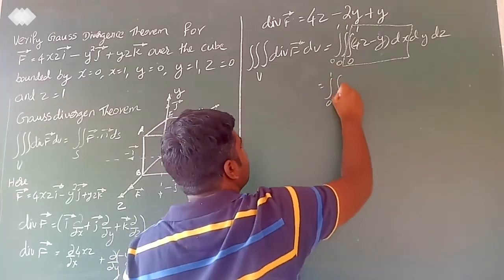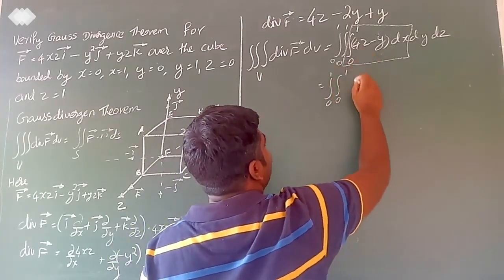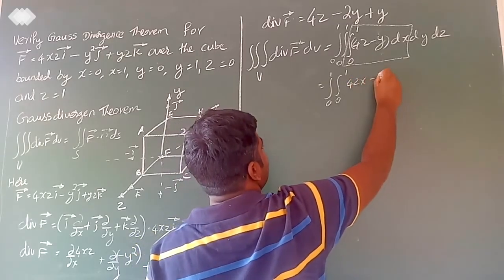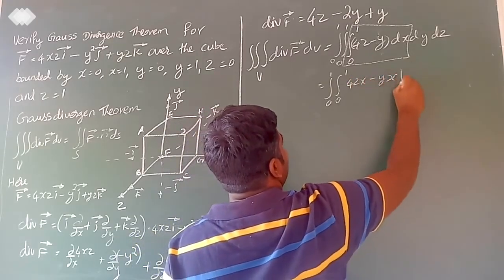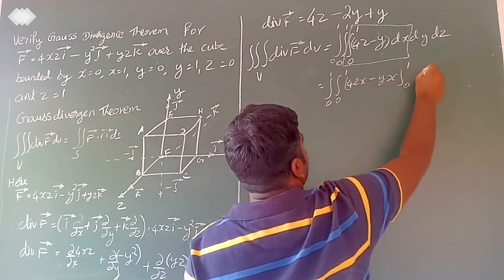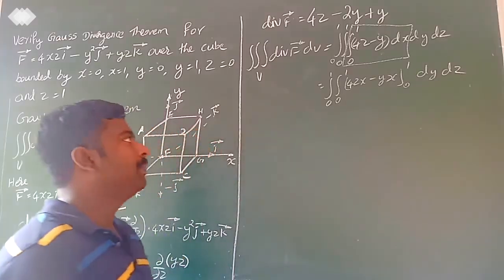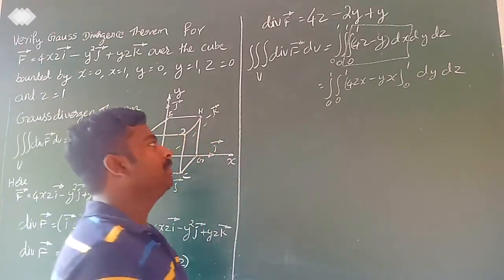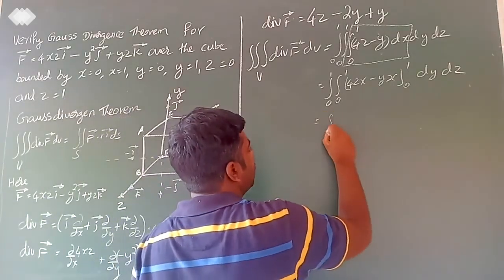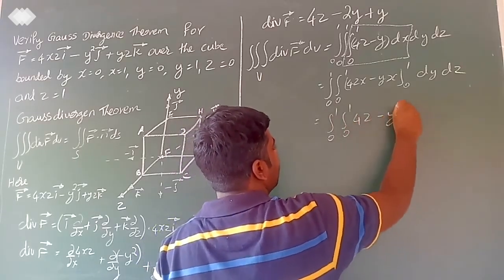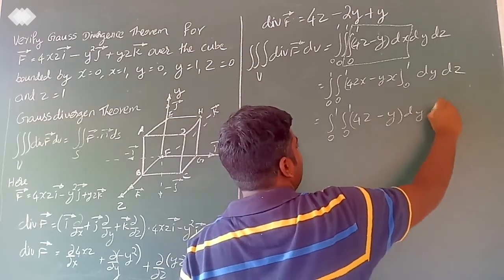Therefore 0 to 1, 0 to 1 integral with respect to x gives 4z minus y times x, limits 0 to 1, dy dz. Here we apply the upper limit minus lower limit. Obviously this term becomes 4z minus y, and we integrate with respect to dy dz.